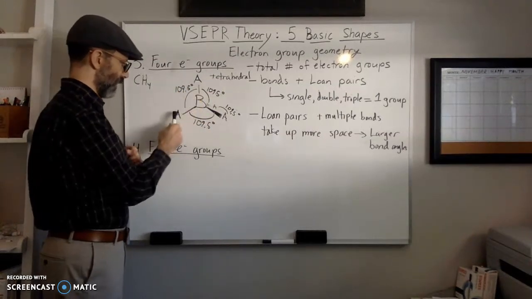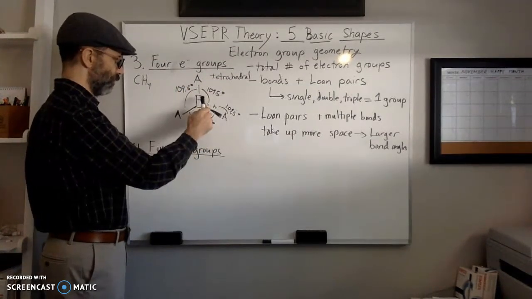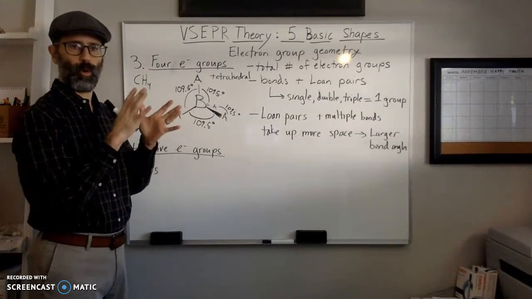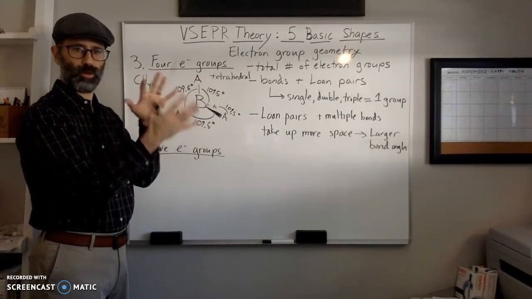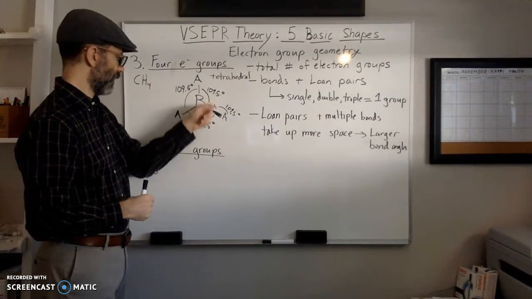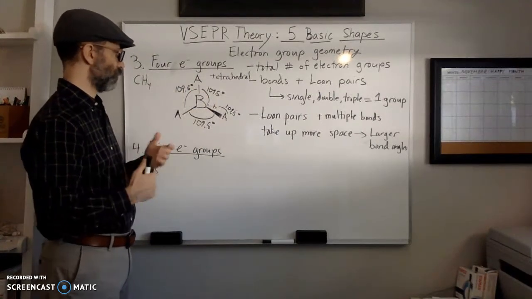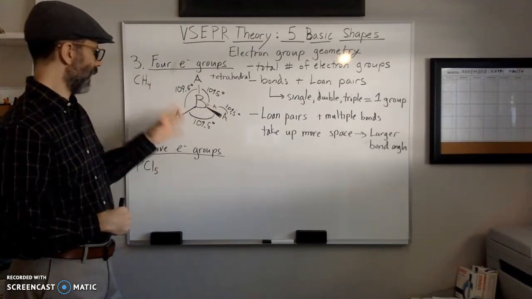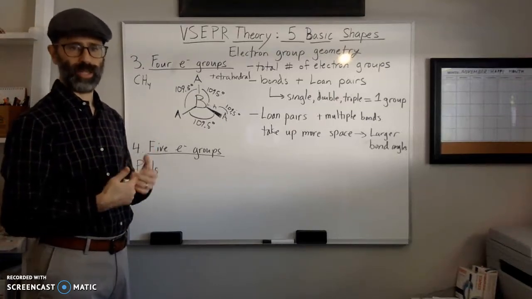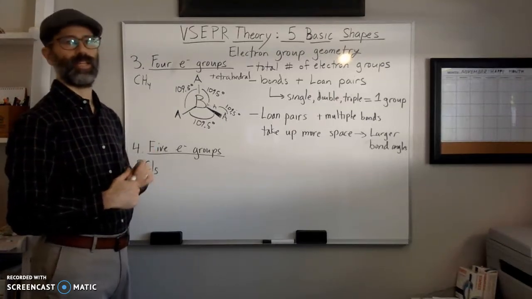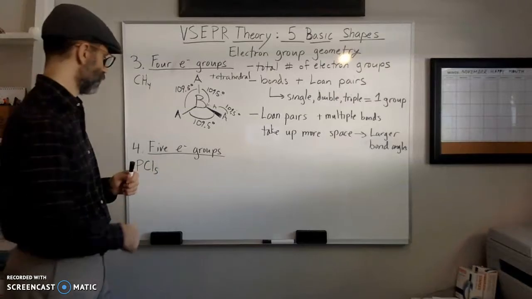If you connect them all together into triangles, you'll have 4 triangular sides of equal triangles in your molecule. So that's why it's called tetrahedral. Anytime you have a molecule that has 4 total electron groups, the electron group geometry is tetrahedral.